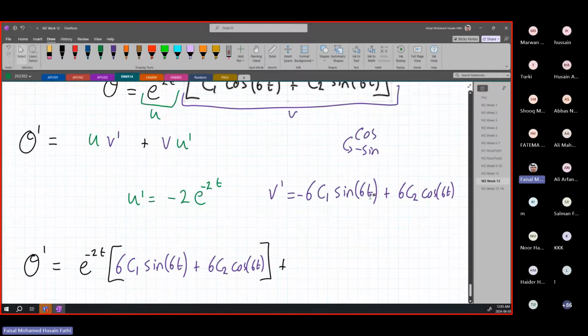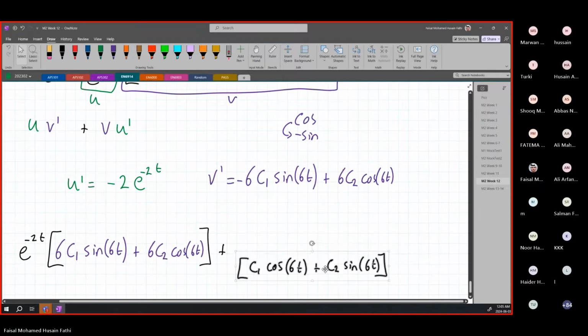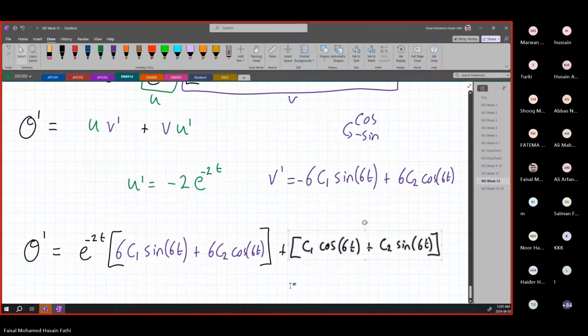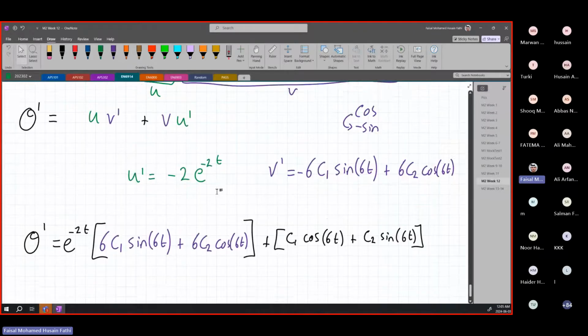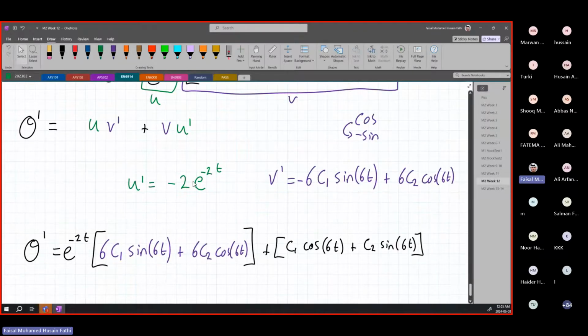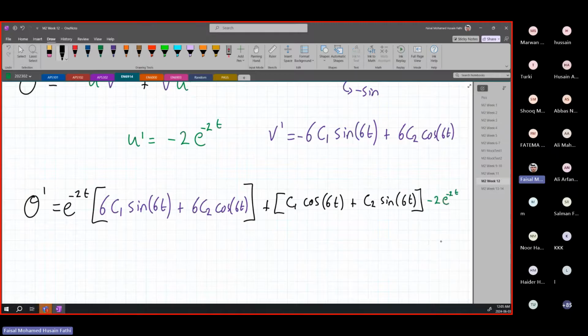Again, too lazy to write it all down, so I'm just going to copy paste it here and make it smaller. Times, let me move this to the left, times U prime. What is U prime? Minus 2 e to the power t over here. Okay.